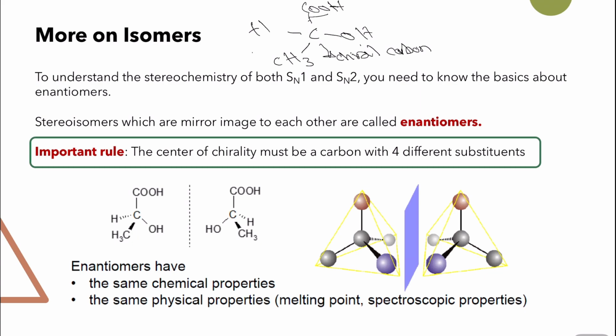Whatever the way you rotate this whole molecule, always the four different groups will have the same relative arrangement in space. This carbon, as I said, is called a chiral carbon.